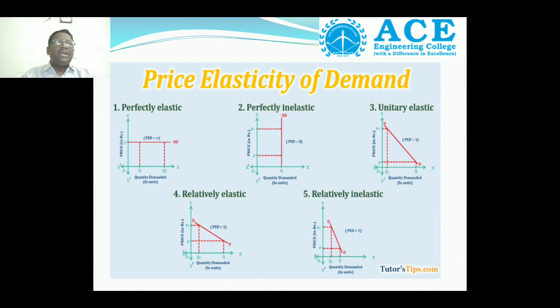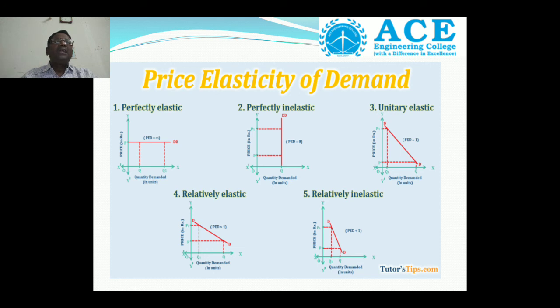That means the price of the product changes, but the quantity demanded does not change, or the change may be equal to zero. Only the price of the product changes; the quantity demanded does not. That's why we call it perfectly inelastic demand.